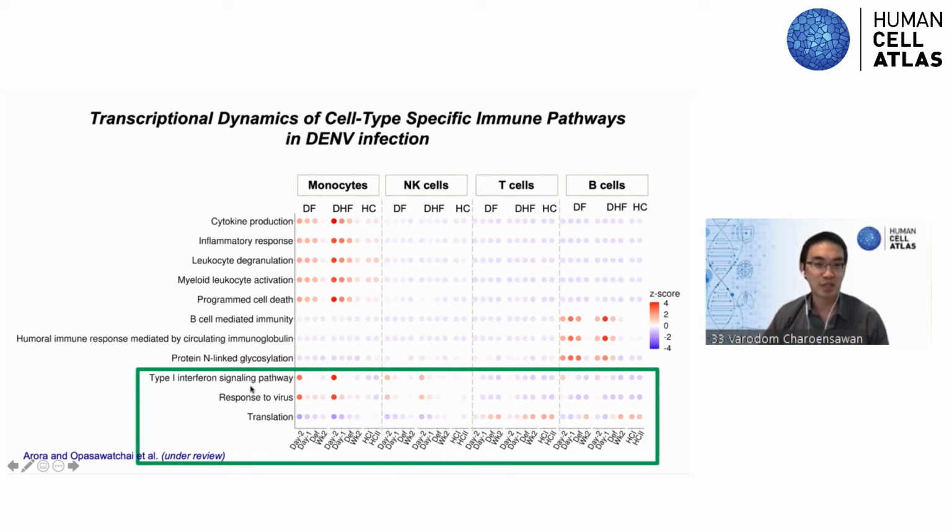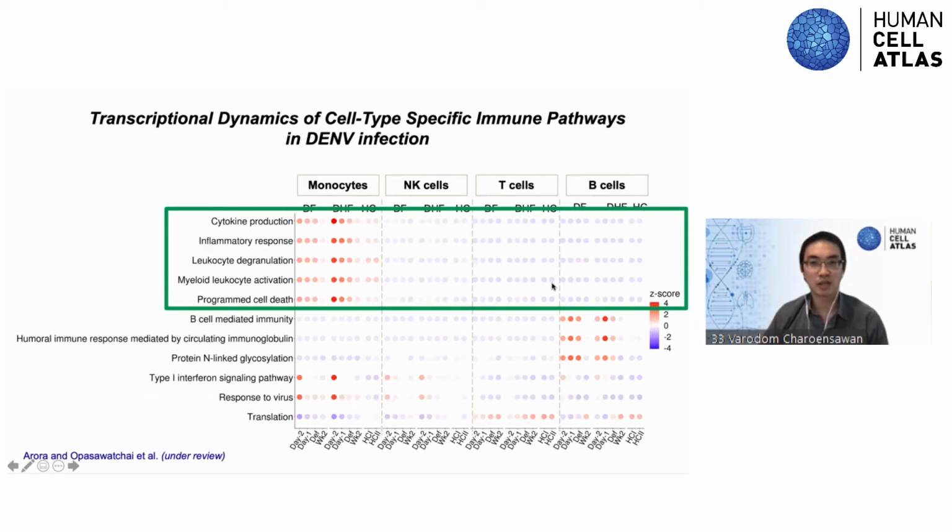For example, the type 1 interferon signaling pathway and response to viral genes tend to be most expanded at the earliest day we have, which is 2 days before the defervescence, and tend to be most prominent in monocytes. And conversely, we see the translation genes tend to be highly suppressed at the beginning, and then after that, they become closer and closer to healthy control. That's a trend that we can see in all of the cell types.